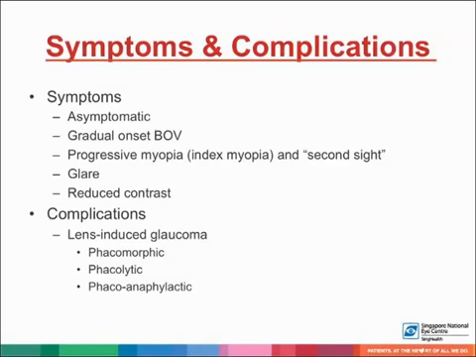Phacolytic and phacoanaphylactic glaucomas are also cataract complications. Phacolytic glaucoma occurs in a mature cataract where lens particles diffuse through an abnormal capsule into the anterior chamber, inciting an inflammation, resulting in a uveitic picture along with the cataract. The only treatment for this is to control inflammation and subsequently remove the cataract. Phacoanaphylactic glaucoma is where there's a breach in the capsule due to trauma or surgery, resulting in inflammation and sometimes glaucoma.